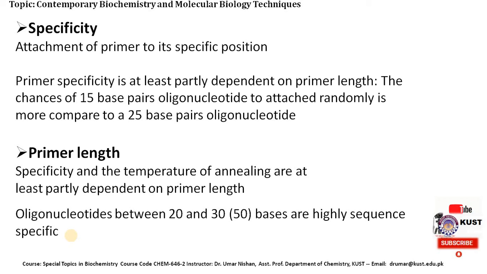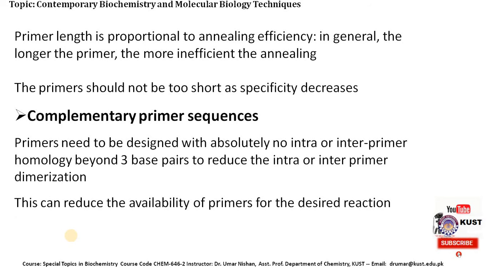Too short or too long primers can result in failure of the PCR reaction, either in the form of unspecific binding or not being able to bind if it is too lengthy. So we have to be very careful in selecting primer length.